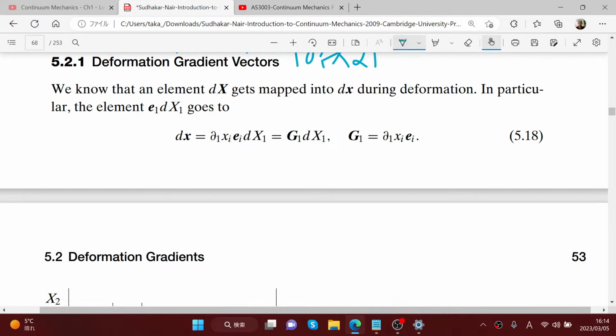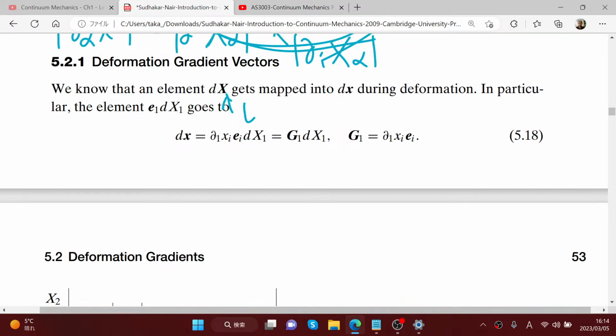Okay, here, this is time 0, and this is at some certain time. It's not a continuous deformation. This is a deformation between t equals 0 and t equals t1.